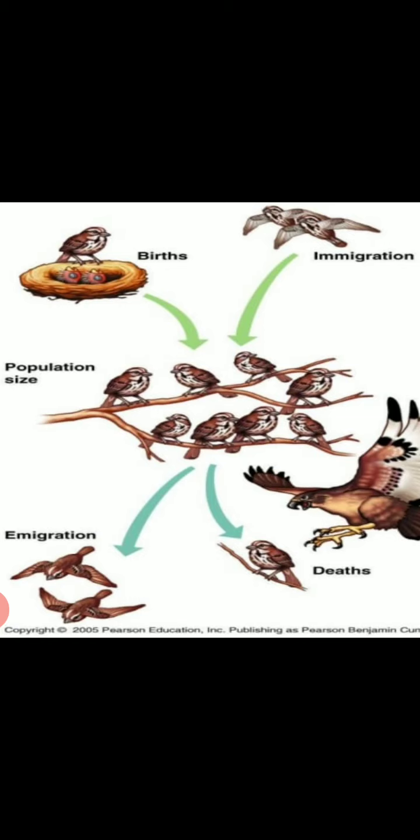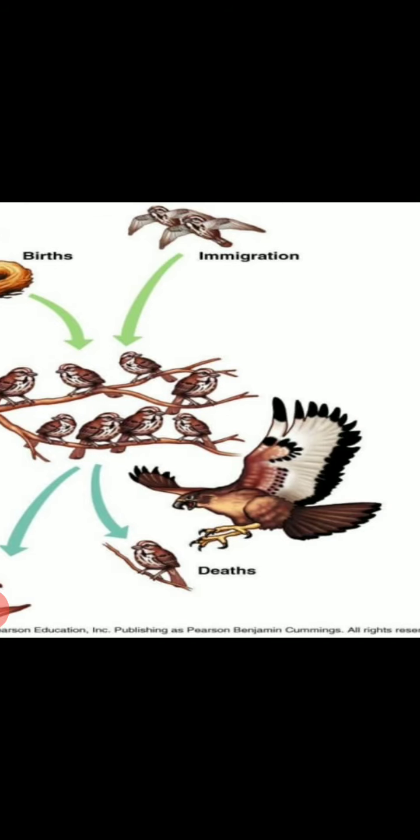So like this, birth, immigration, population size, emigration and death, how it occurs, that shows by the diagrams.